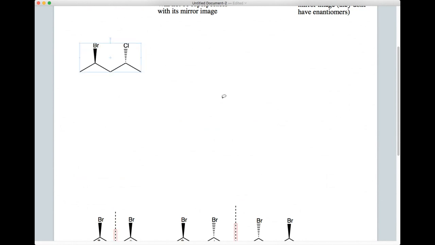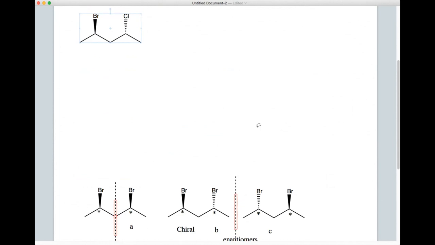Okay, so how many chiral centers are there in this molecule? Two chiral centers, so that is correct. Okay, I'm going to draw another molecule here now.